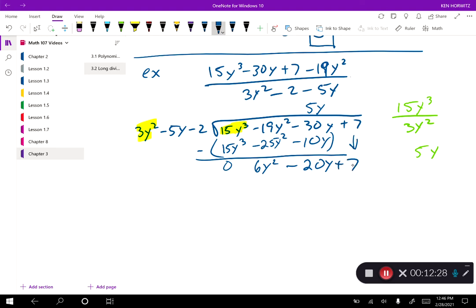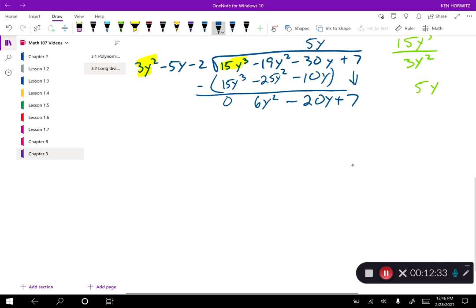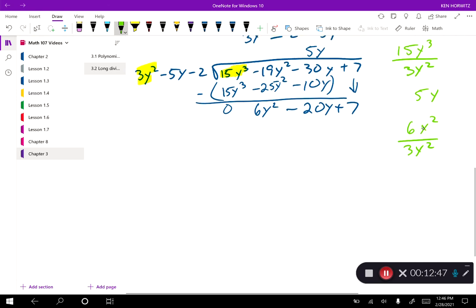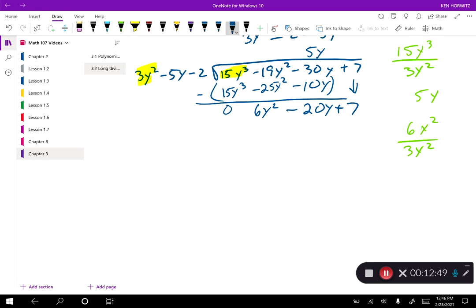All right, so now the question is, I've got to repeat the process again if I can. How many times does 3y squared go into 6y squared? Because that's your first term right there. And when you simplify, you wind up with 2. You're always welcome to check my work.